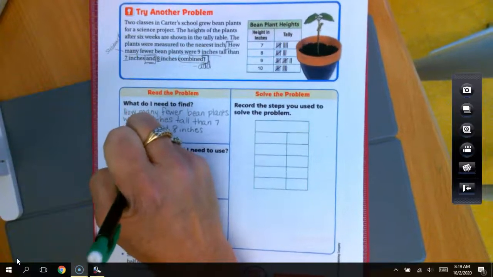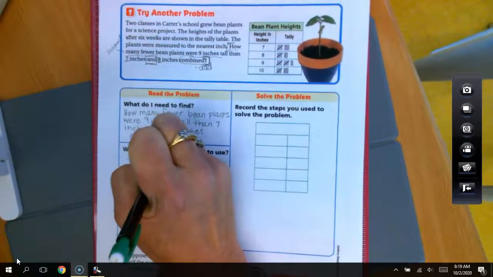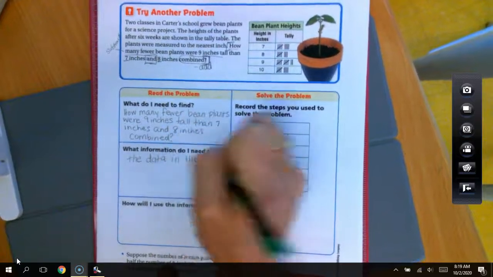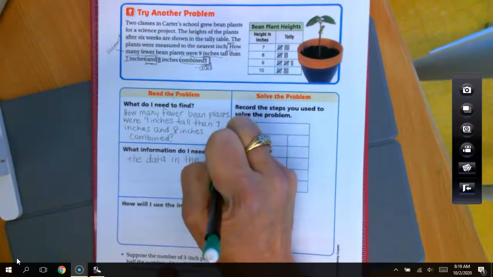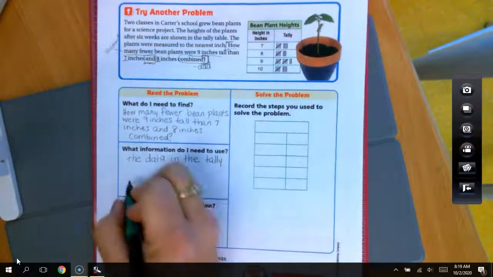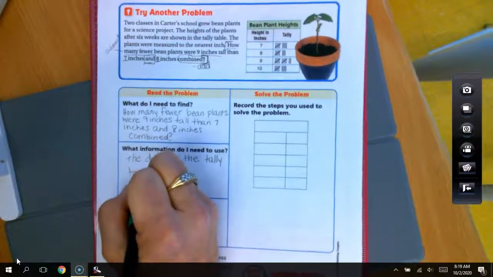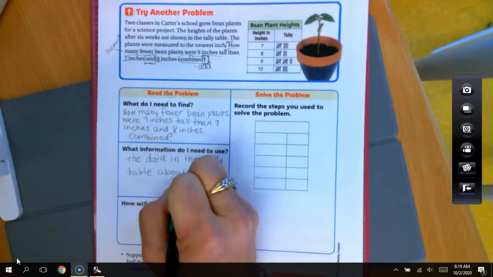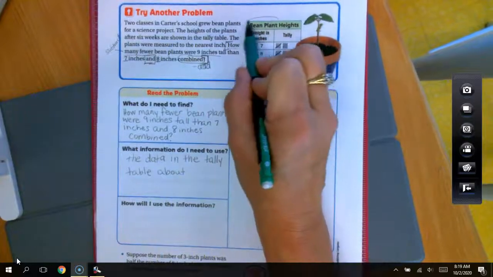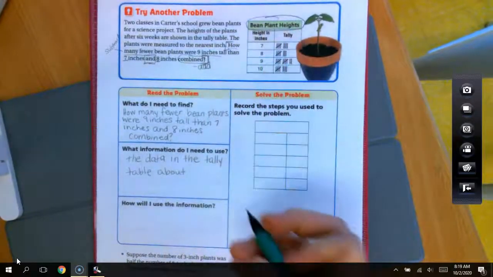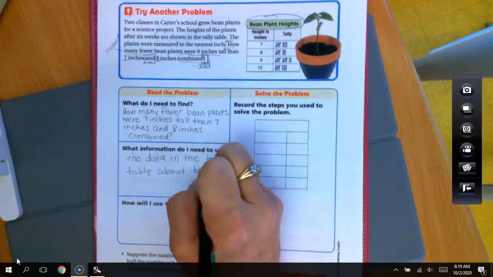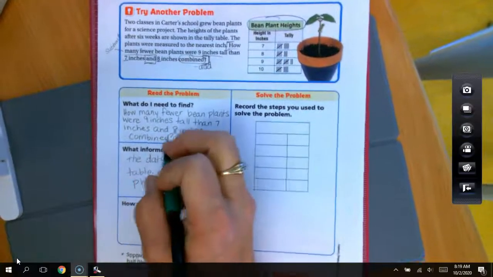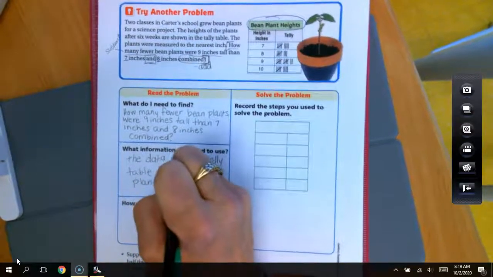So you're going to write the data in the tally table about, and what are we talking about? Right here, boys and girls. Bean plant heights.